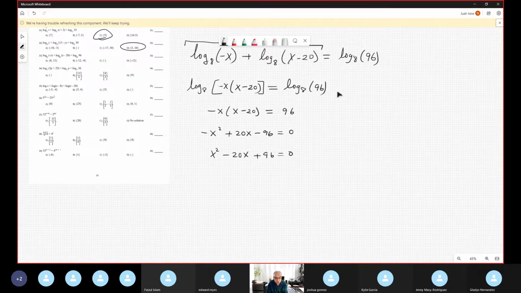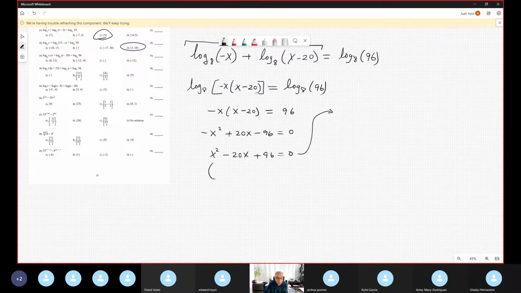What do you think? Factorization is good or no? Or quadratic formula? What do you recommend? Solving the quadratic equation is nothing for us because we are advanced students. This is for elementary, intermediate algebra. I would factor. What combination do you see, miss? 12 and 8.